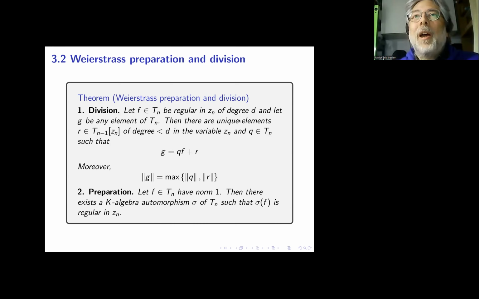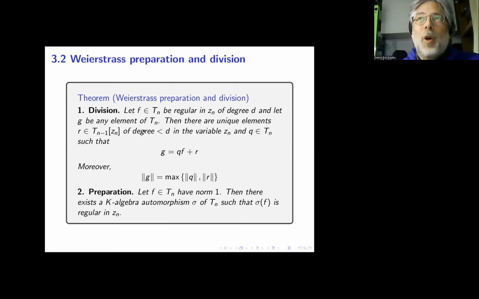Namely, you have a unique element r, the remainder, which is a polynomial in z_n with coefficients in T_{n-1}, as we've seen before, of degree smaller than d in the variable z_n, and q an element of T_n. And you have this expression g equals qf plus r, so quotient times f plus the remainder r. And moreover, the norm of g is just the maximum of the norms of the quotient and the remainder.